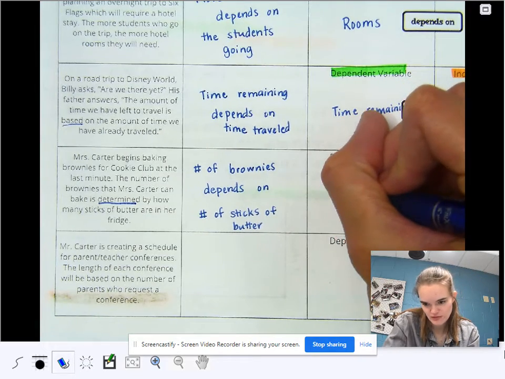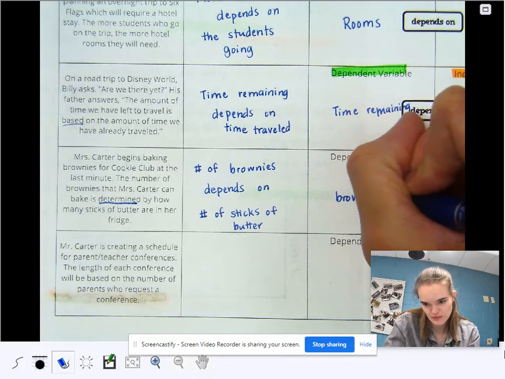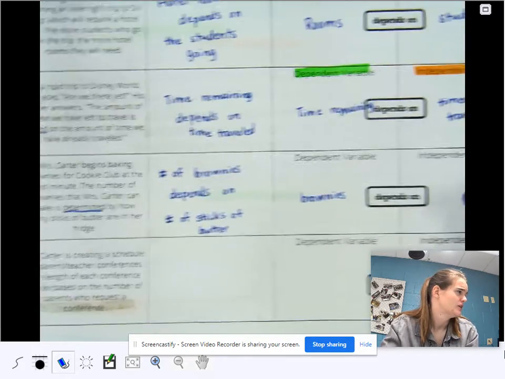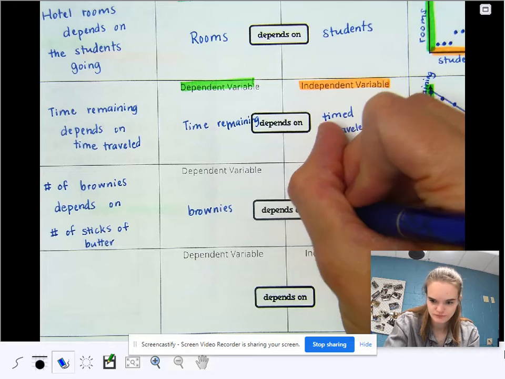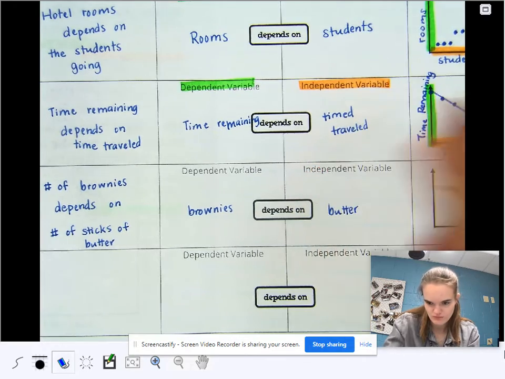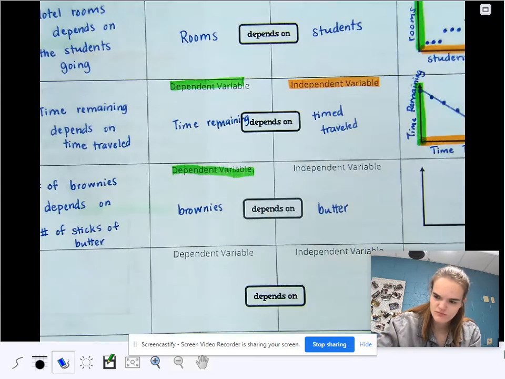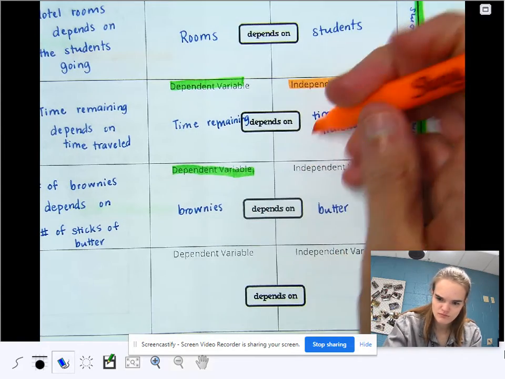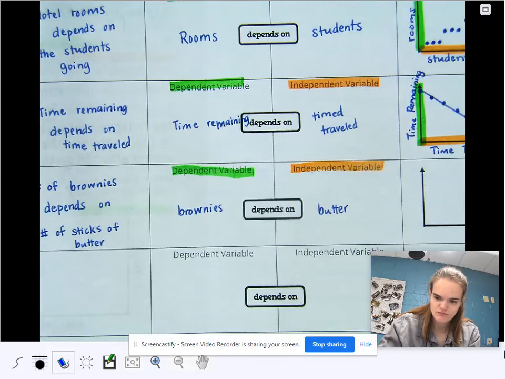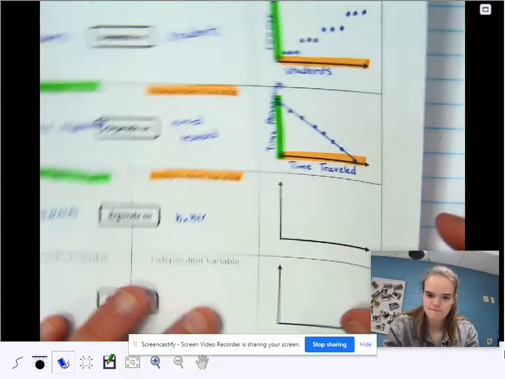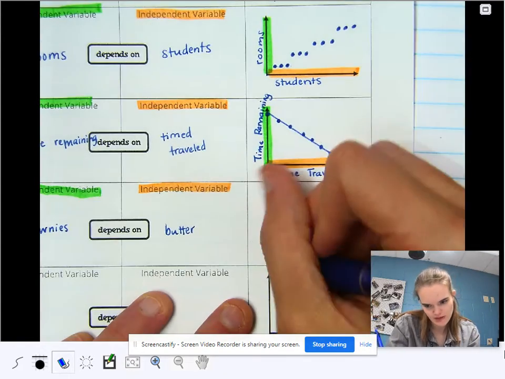Brownies depends on butter. Butter and brownies.